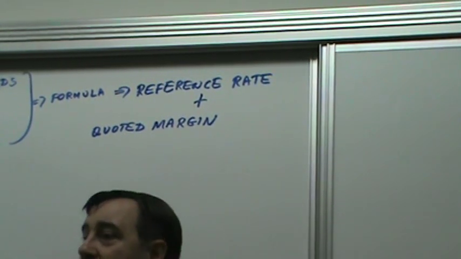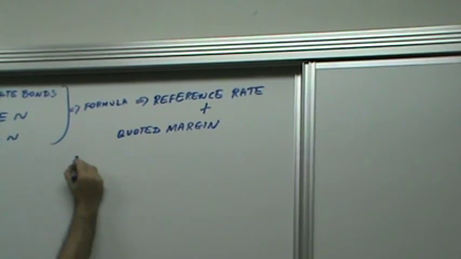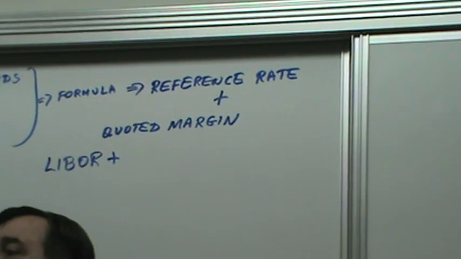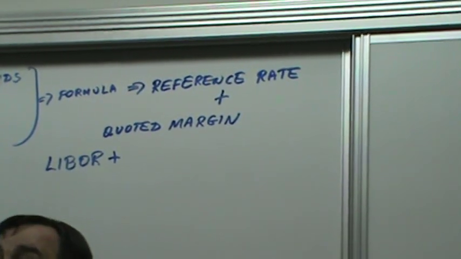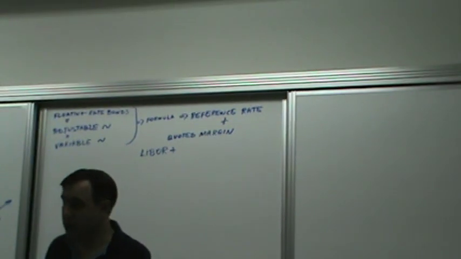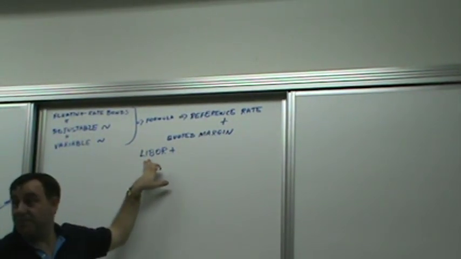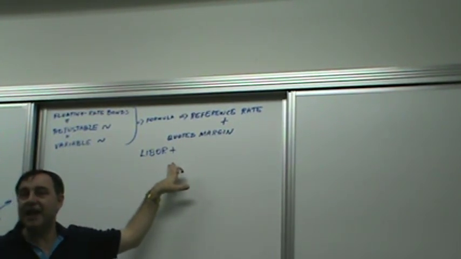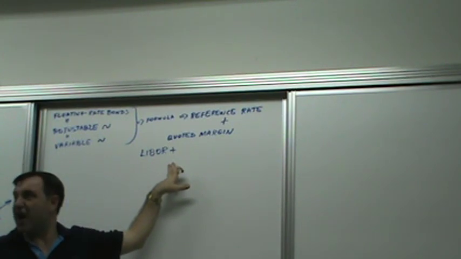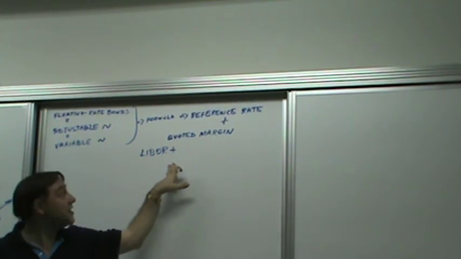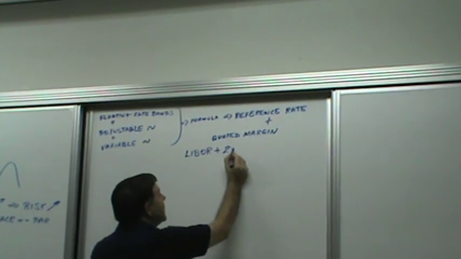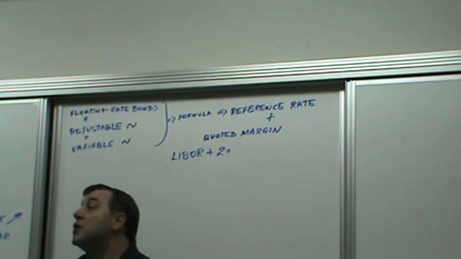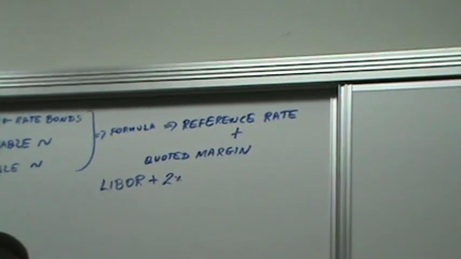A simple example: the most popular interest rate in the world is LIBOR, the London Interbank Offered Rate. This is the interest that banks charge each other, high quality banks, and they're going to say plus 2% quoted margin. Could be 3%, could be 4%, could be 1%. I'm just giving you an example, okay?